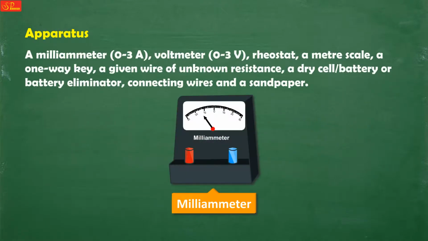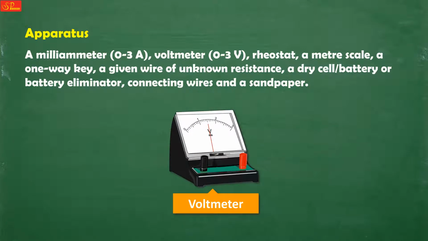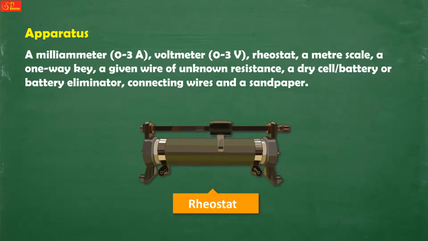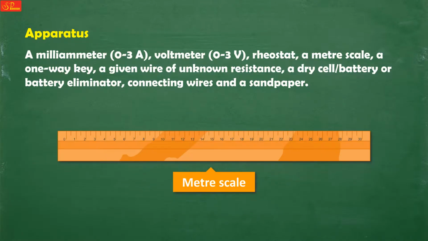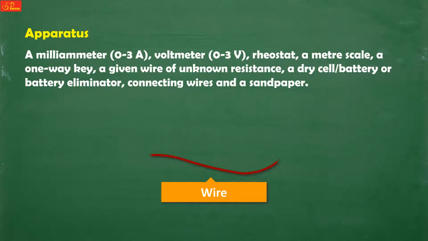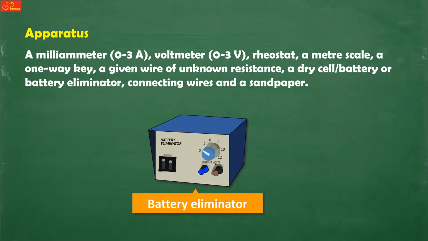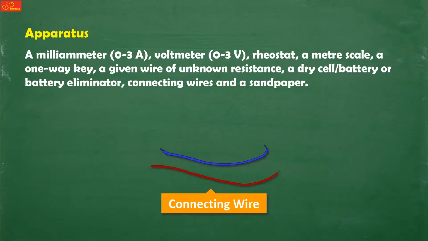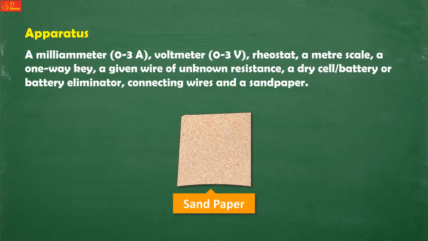Apparatus: a milliammeter 0-3 A, voltmeter 0-3 V, rheostat, a meter scale, a one-way key, a given wire of unknown resistance, a dry cell, battery or battery eliminator, connecting wires, and a sandpaper.